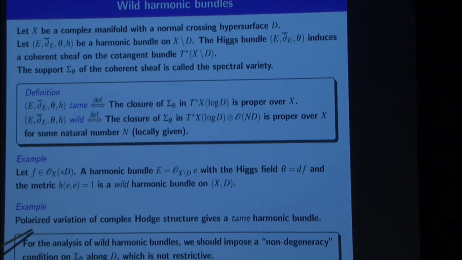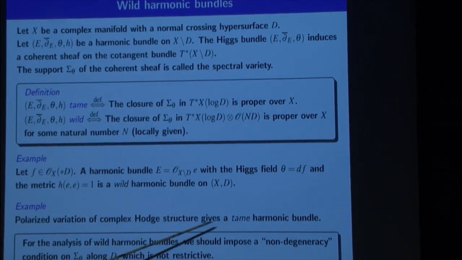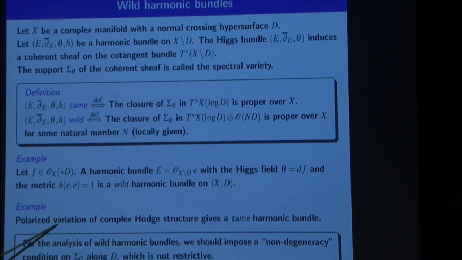And a polarized variation of complex Hodge structure always gives a tame harmonic bundle, because the Higgs field of a variation of Hodge structure is always nilpotent.